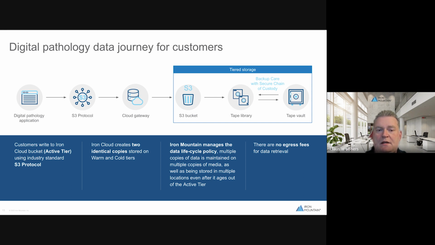Initially, the data lands in cache on the cloud gateway, and it's then copied to the active tier. The active tier allows for instant access for the first 30 days in Iron Cloud. Over time, as data meets the predefined lifecycle management settings, it's then moved to tape for long-term archiving. Initially, we store it on the warm tier for quick availability, and then finally, it moves to the cold tier where it's maintained for long-term archival purposes.